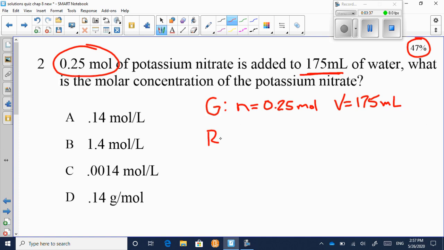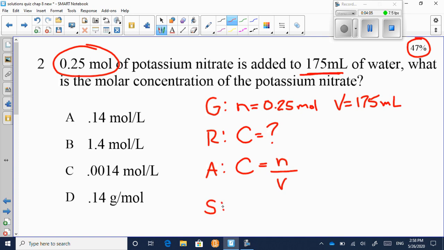Well, molar concentration is capital C. And the formula for molar concentration is C equals little n over V. That's right off my hub, but maybe you might have had that on an equation sheet that you were using. So now I've got to substitute and solve.